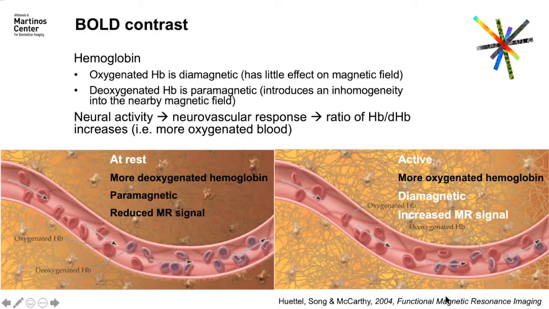So basically what we can see in BOLD signal is that the ratio of these oxygenated and deoxygenated hemoglobin is changing, and that we can detect in the fMRI signal.